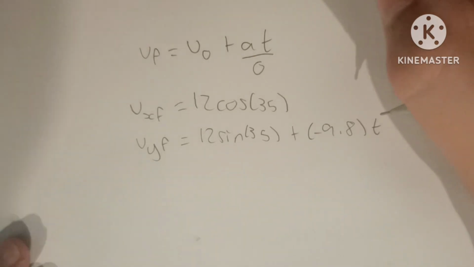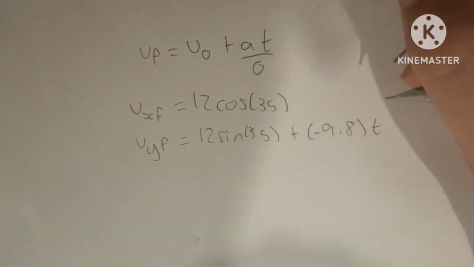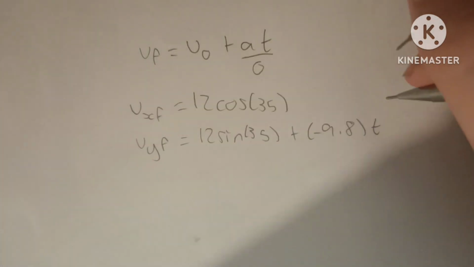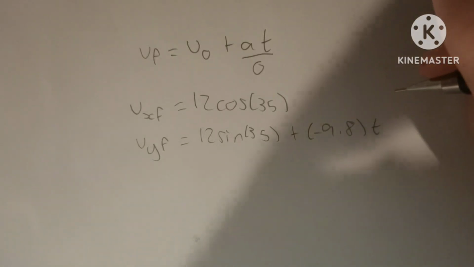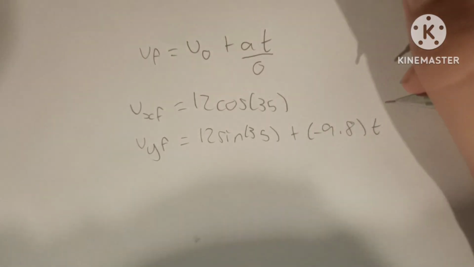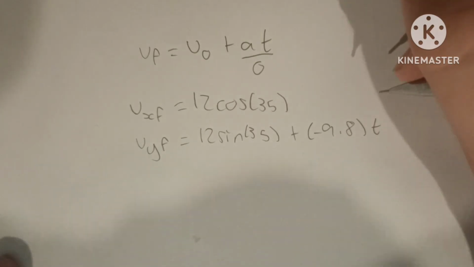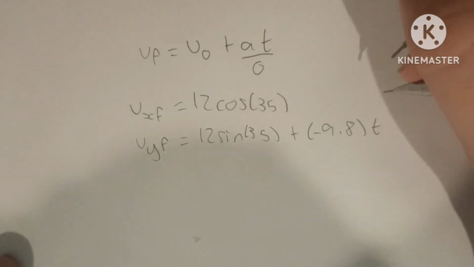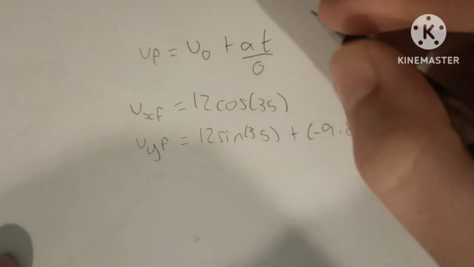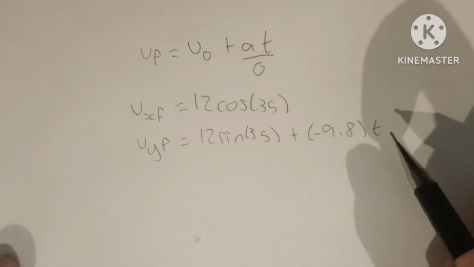We did work out time last episode. It was 1.30286 and on and on. But we rounded it to 1.30286. I think that's what we rounded to. So we will just input that after.